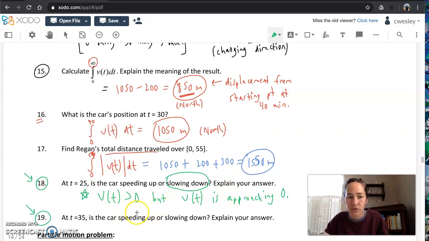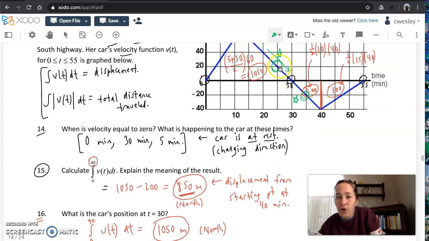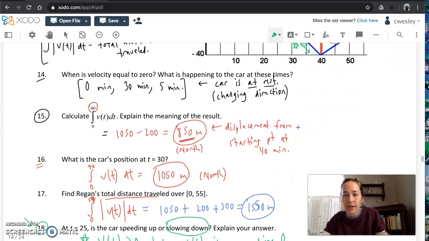How about at t equals 35? Let's check. So at t equals 35 minutes, the car has taken a turn and now we're in the negative realm. Now we're traveling south, so we have a negative velocity, but check it out. We're still in a downswing of the velocity curve. That means velocity is getting increasingly more negative. Acceleration is negative here and adding to that.